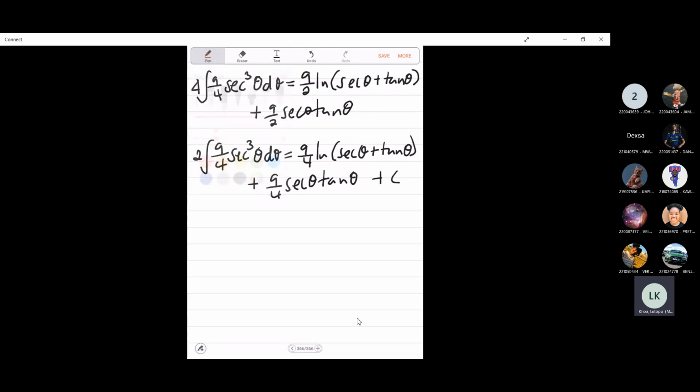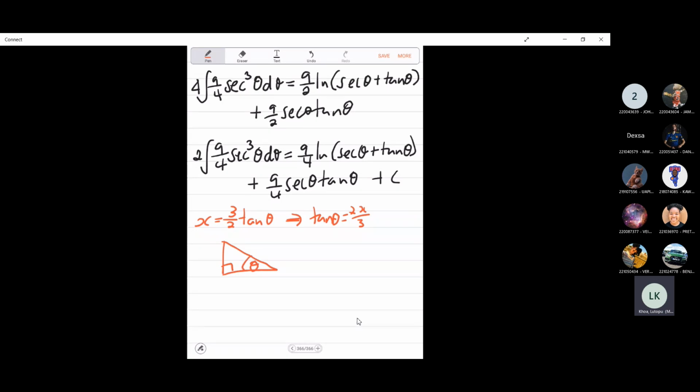Then substitution, we said x is equal to 3/2 tan theta. This means that tan theta is equal to 2x/3. And yeah, we can just draw our triangle. Theta over there.